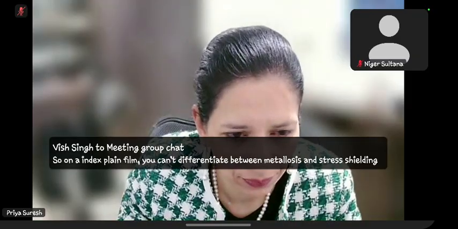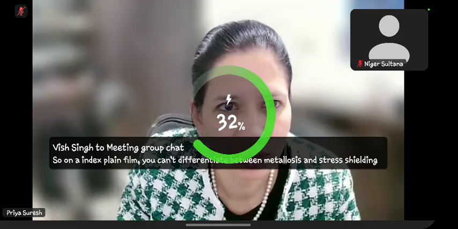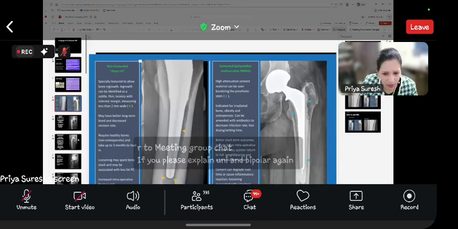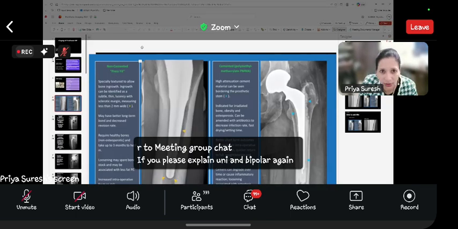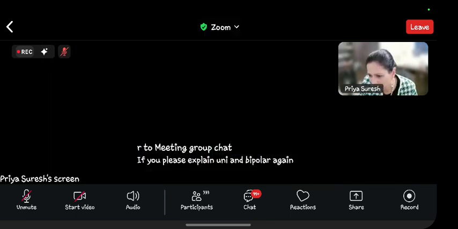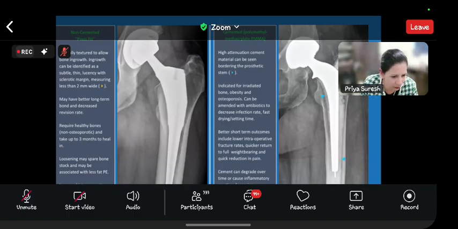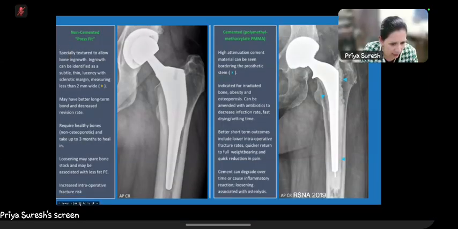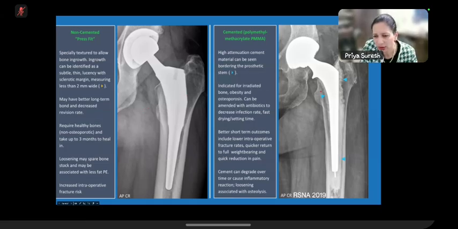So share window. Okay. So can you see this pointer? So this is the cemented one. Is this better, Dr. Khan? The pointer?